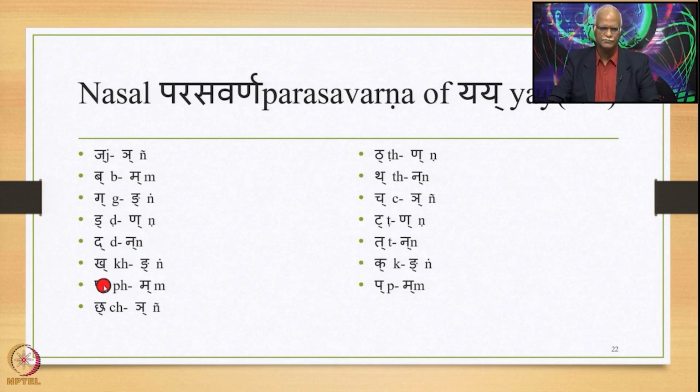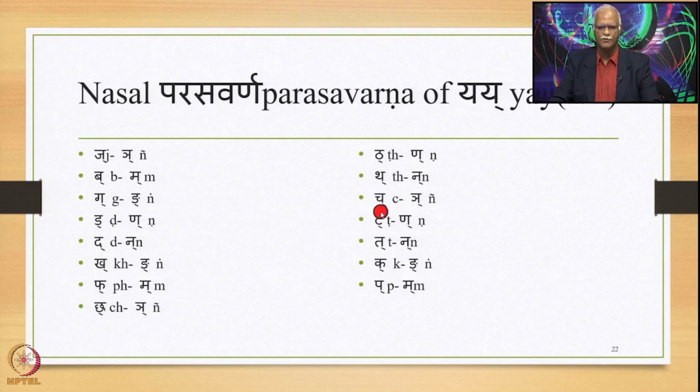Then we have kha, whose nasal parasavarna is nga. Then we have pha, whose nasal parasavarna is ma. Then cha, whose nasal parasavarna is ya. Tha, it's na, and for tha it's na. This is kha pha cha tha tha, the second consonant of the class. And then we have cha ta ta ka pa, with cha as the first consonant of the class.